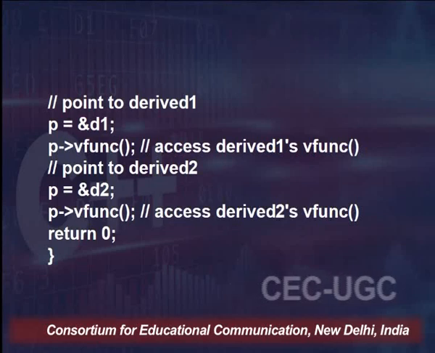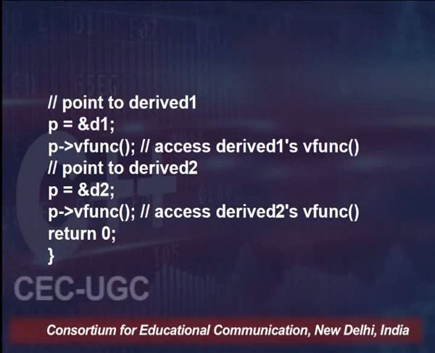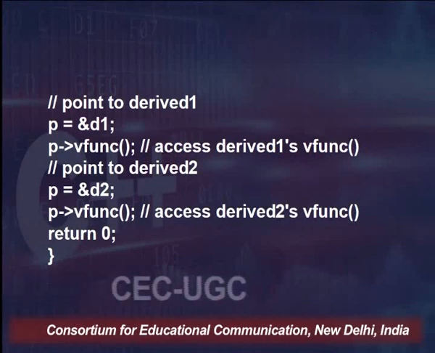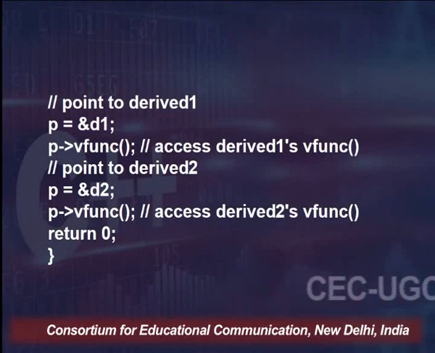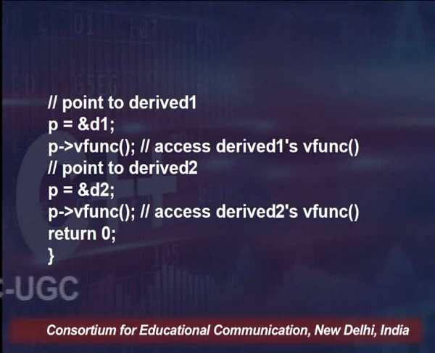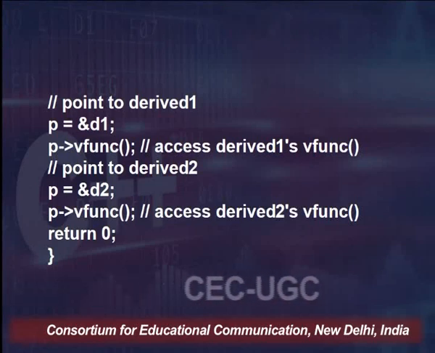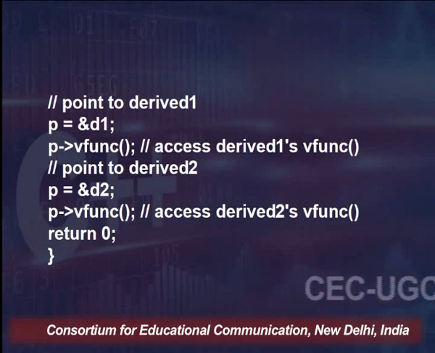Now please try to understand what is determining which version of vfunc will be called. It is determined by the object which is stored inside the pointer, not by the pointer itself.